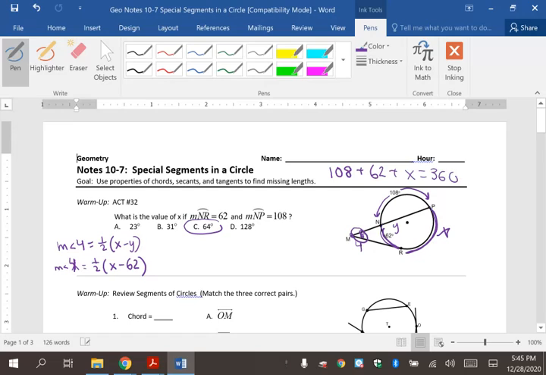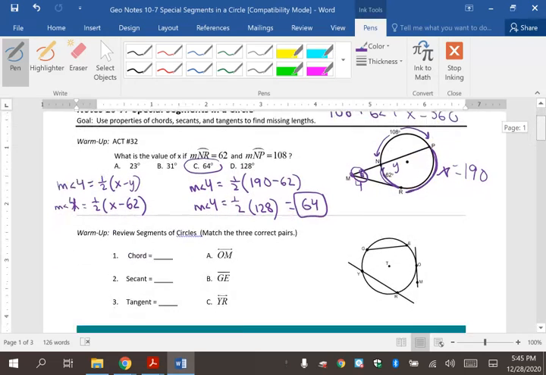So we know that x is 190. So now we have measure of angle 4 equals 1/2 the quantity 190 minus 62. 190 minus 62 is 128, and half of 128 is 64. And that's why the answer is 64.